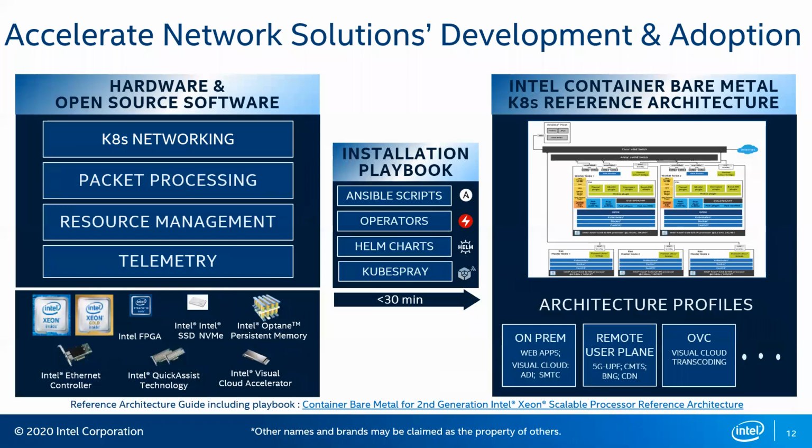The last piece here that I want to indicate is that after doing all these developments, as I mentioned before, we are pulling together a reference implementation which is taking all the innovation done on top of the Intel assets and resources, the Intel CPU, FPGAs, and the NIC cards, etc. We provide an installation playbook, which is using Ansible scripts, operators, Helm chart, and the KubeSpray for some of the Kubernetes specific feature.